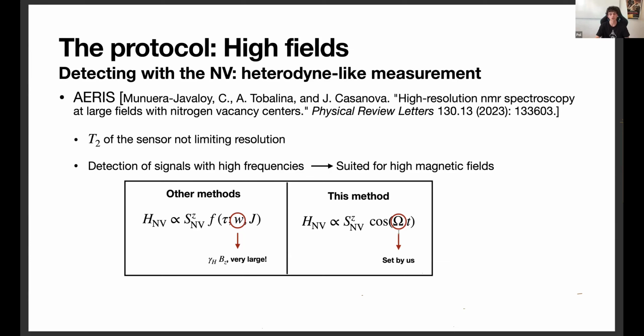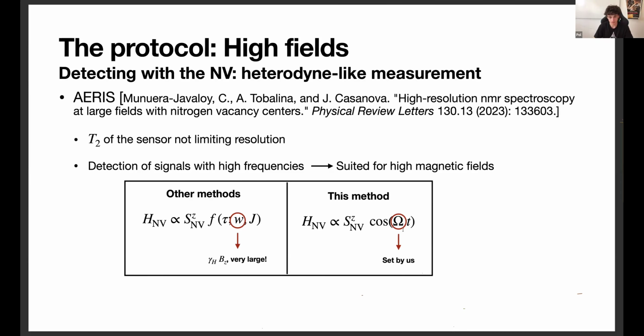But thanks to this proposal, the frequency that we are going to detect with our ensemble is controllable by us. We can set it at a desirable value, and the information will still be encoded, but in the amplitude of the signal, not in the frequency. Now let me introduce the first work that we did in this direction.